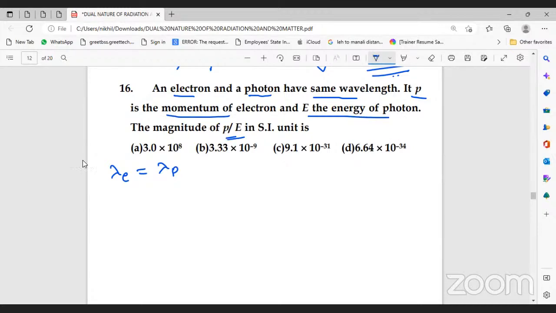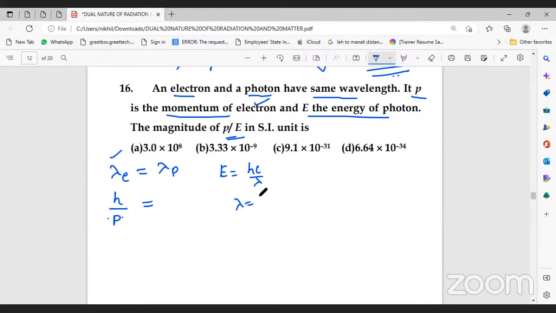How to calculate the de Broglie wavelength of the electron? It is h divided by mass into velocity. That mass into velocity is momentum. That is the momentum of the electron. You know the energy of the photon is given by the formula hc by lambda.